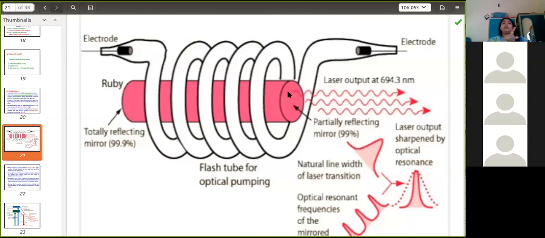So only those photons which travel to and fro along the axis of this ruby rod, they get reflected. तो यहाँ suppose एक photon generate हुआ and it is moving along the x axis. तो ये x axis बराबर move कर रहा है, इस सरफेस पे आके वो रिफ्लेक्ट बैक करेगा.